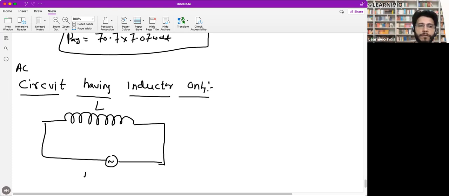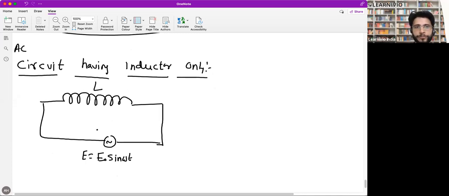So if you have an AC, E naught sine omega t, it's a variable EMF. So this AC will oppose its cause. When you connect an AC to an inductor, the flux through the inductor changes, some EMF is induced in it which opposes this applied voltage.